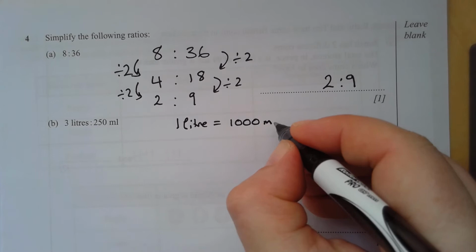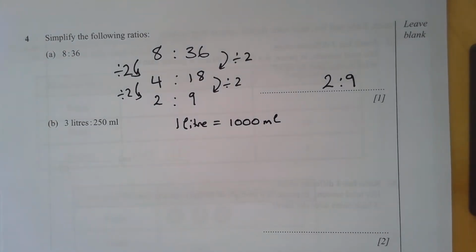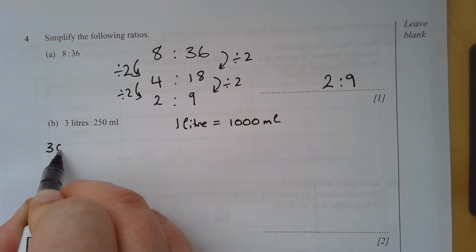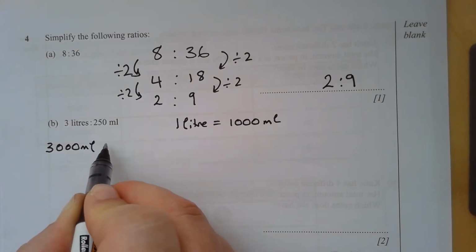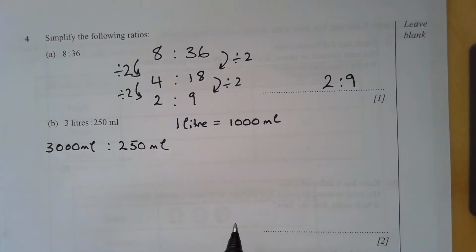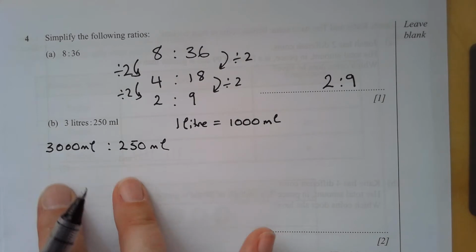Milli means 1,000, just like kilo means 1,000. Millilitres. 1 litre is 1,000 millilitres. So we could write this as 3,000 millilitres to 250 millilitres. So this is 3 litres. We've swapped it here, and then we just simplify this.